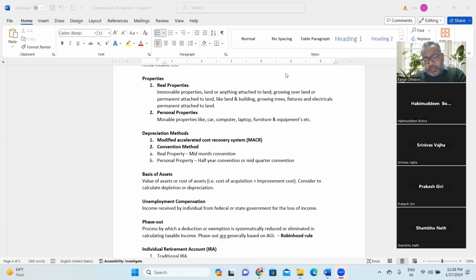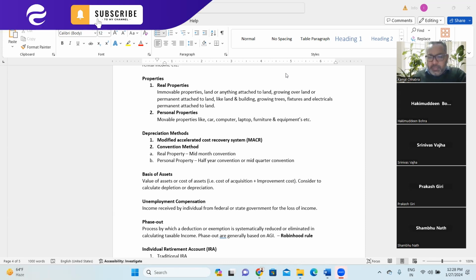Here, personal property is not property you use for personal benefit or leisure. Personal property is property which is used in the business but is movable in nature. Make sense? Any doubt here?